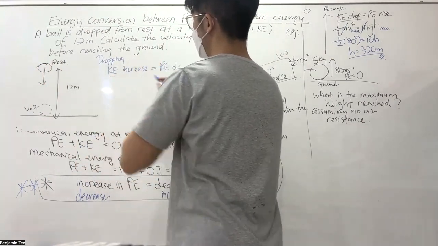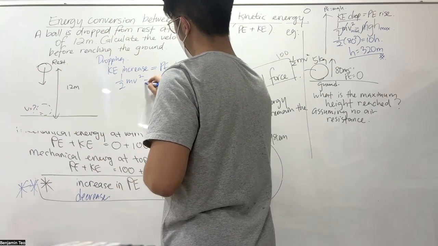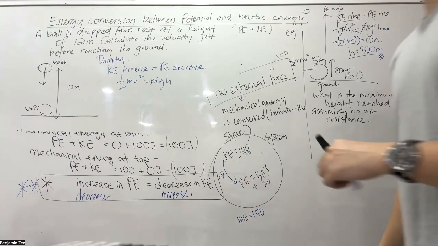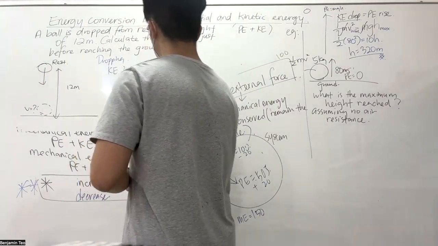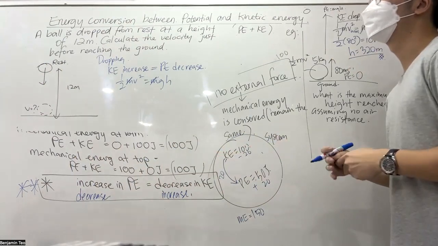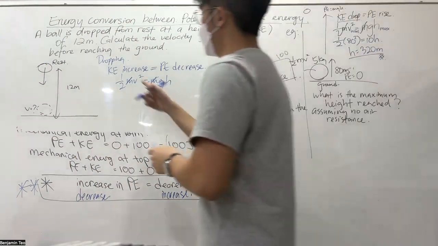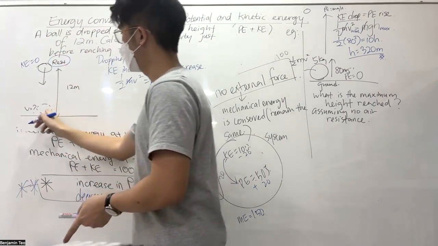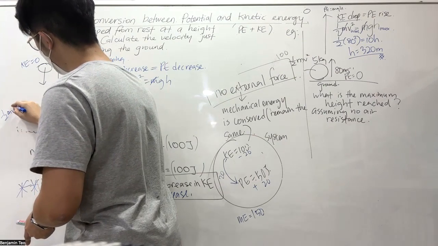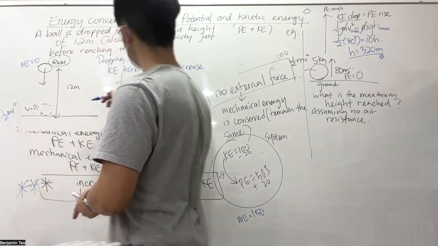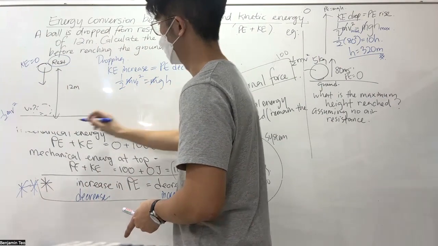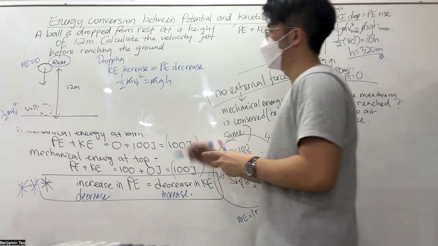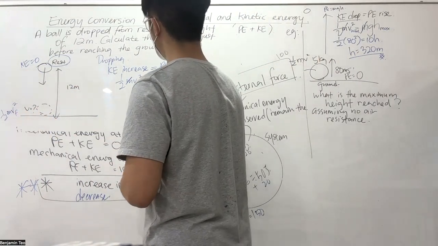Because you see, KE increase is half mv squared, PE decrease is mgh. The m you can cancel, so you don't need the mass. How much is KE increase? The KE here is 0, it's at rest, and the KE at the end is half mv squared. So the increase is half mv squared. This is final. Decrease is mgh.